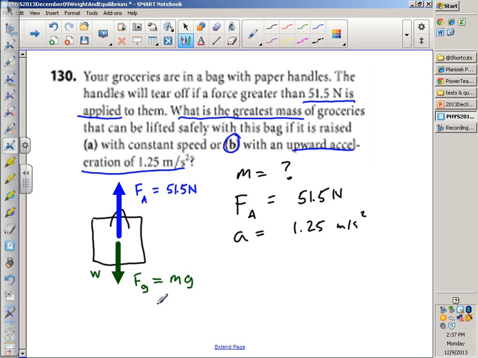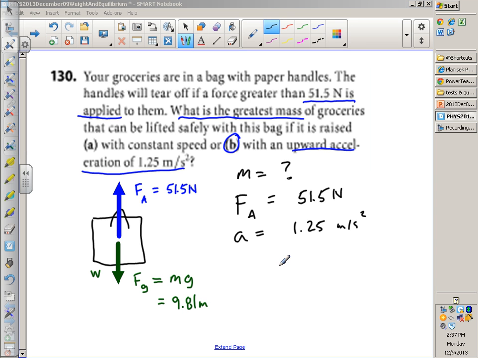What's the problem? We don't know the mass of this grocery bag. That's what we're trying to find out. So we can't go much further than this, but we do know that the acceleration of gravity is 9.81, so we can simplify this just a little bit by calling it this. We don't know the exact number yet, but we do know that it's going to be 9.81 times whatever that mass is. Good so far?